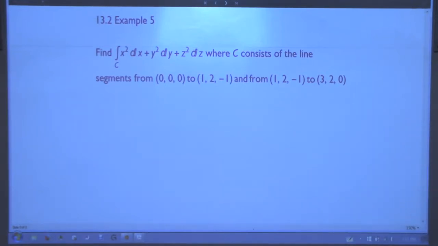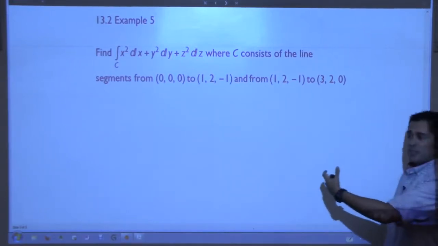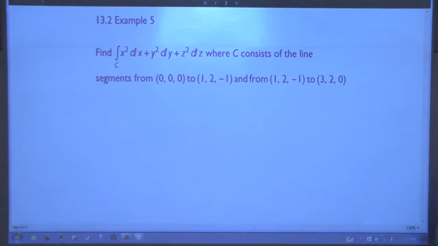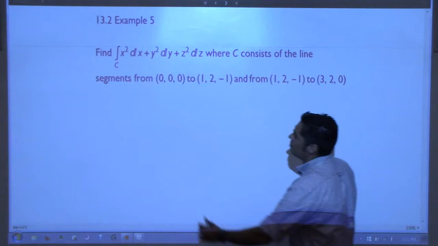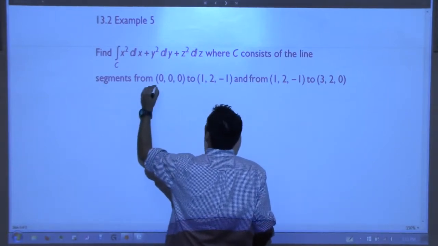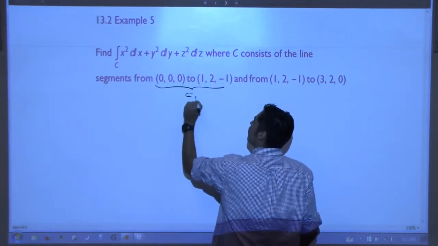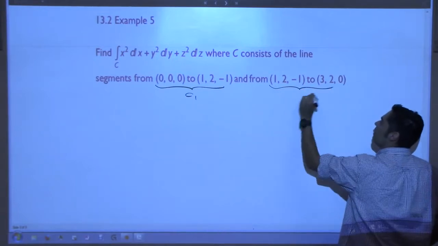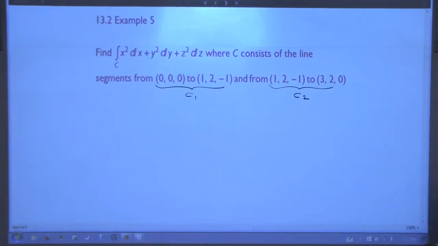So we still have to come up with parametric representations or a vector function which represents these segments. So how about we break them up into 2 pieces. We call this one C1. Why don't we call this one C2? That seem fair to you?